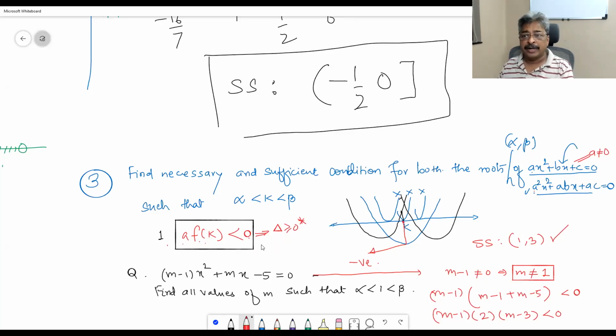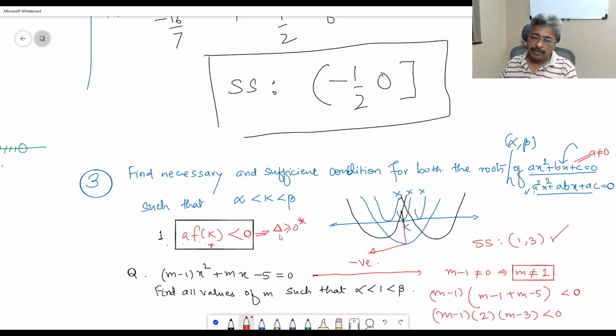Vertex we need not worry at all in this case, because if a of f of k is less than 0, we need not worry about where the vertex of that parabola is. One root will be to the left of k, one root will be to the right of k. That is guaranteed. So the necessary and sufficient condition for this kind of problem is only this.